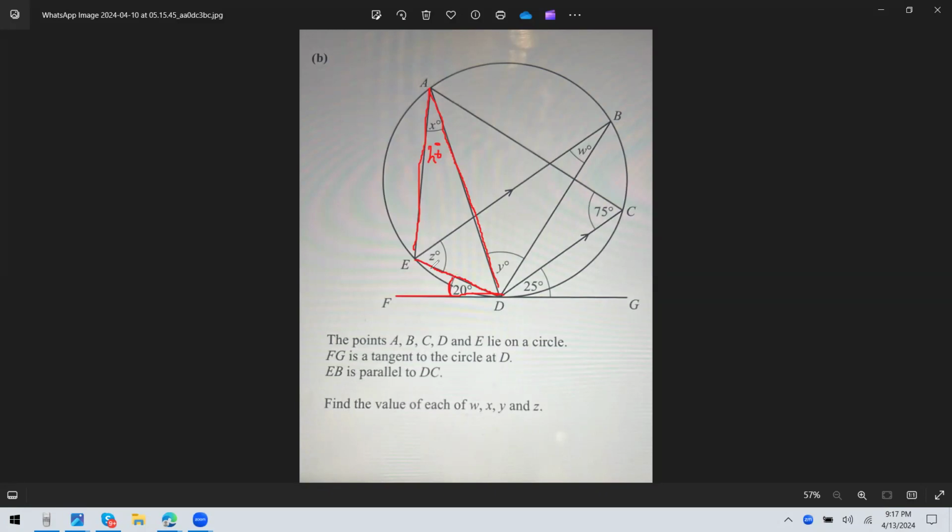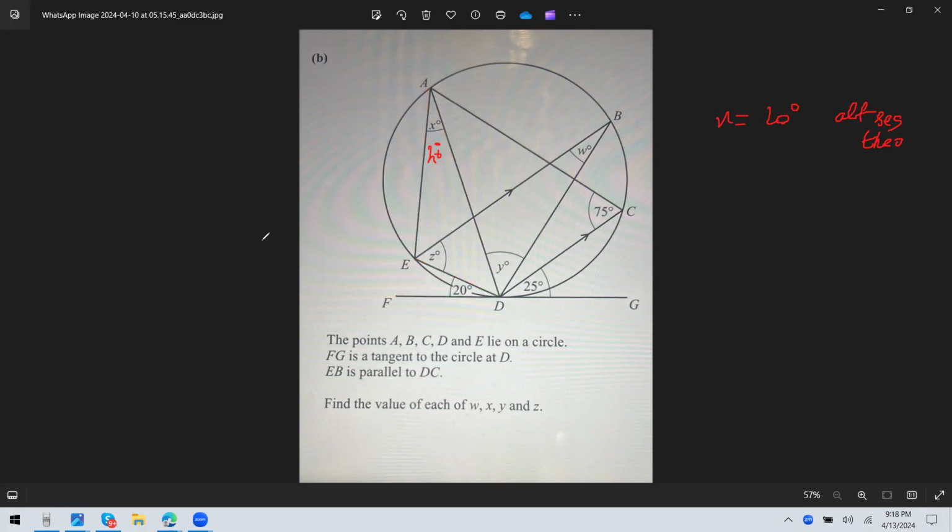Okay, so we can start with x. X is equal to 20 degrees because of the alternate segment theorem, right? Now, what's next?